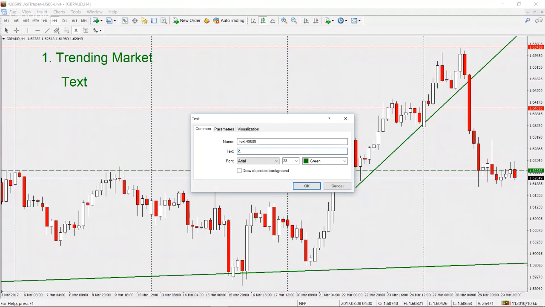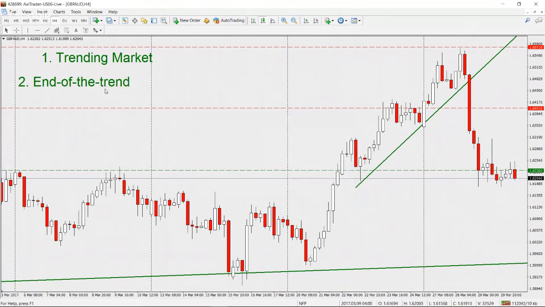Most traders are looking for swing points or the reversal points. They don't like to get in the trend. It's unnatural for most traders. So this is an end of the trend trading system. Okay, end of the trend.